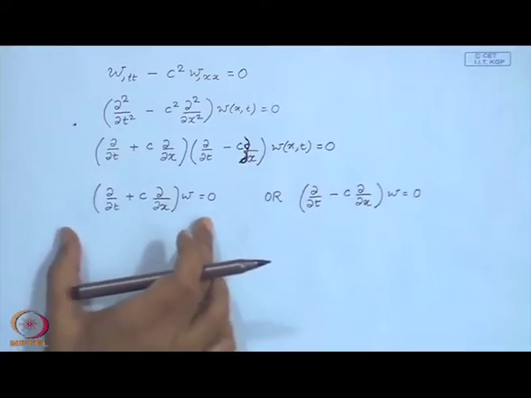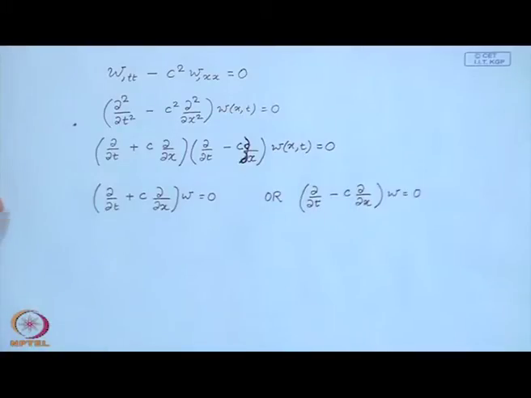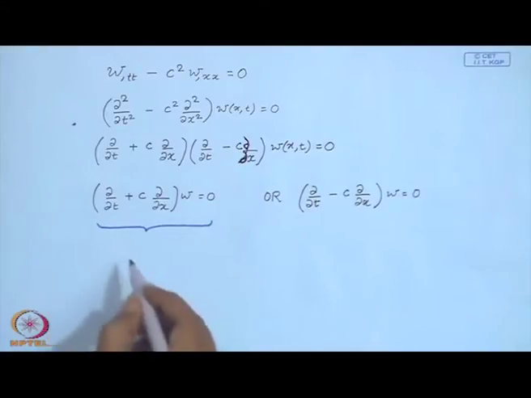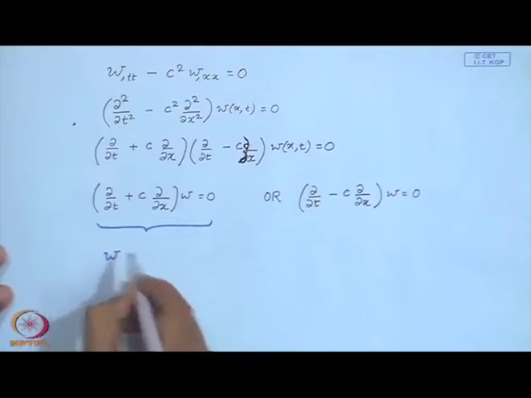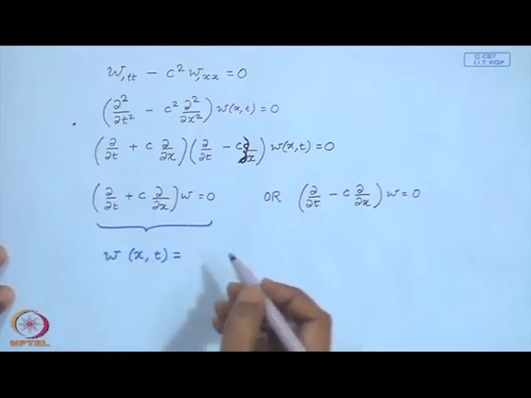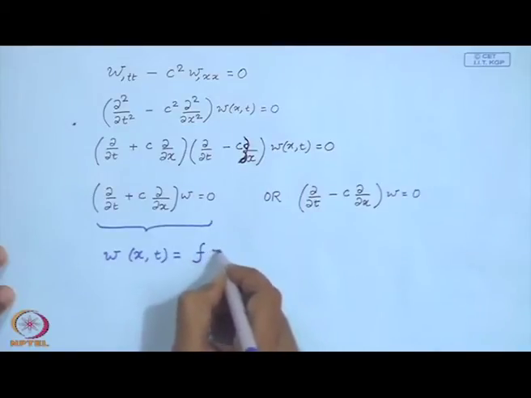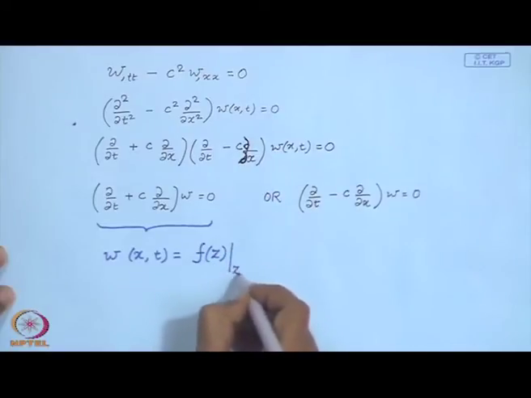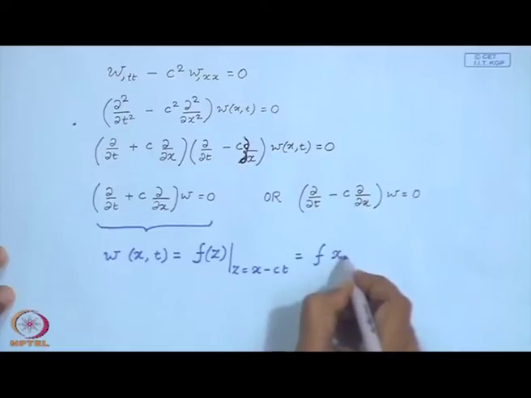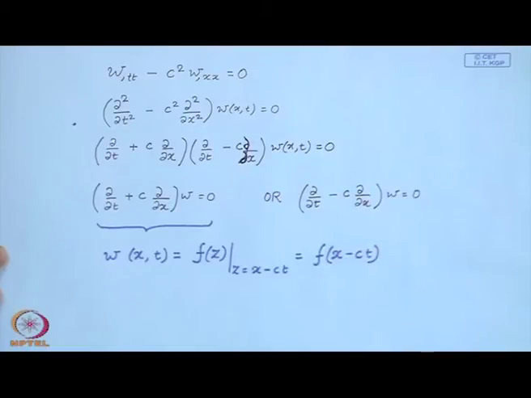So, let us first look at this equation. Now, you will find that the solution of this equation can be written as: if w of x comma t is some function, any function f of z, with z replaced by x minus c t.